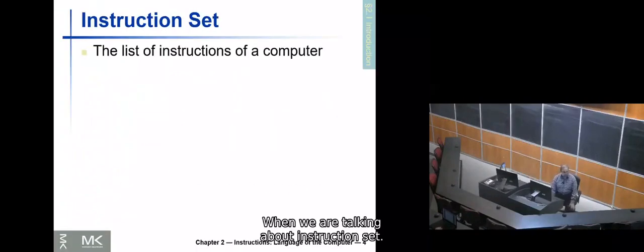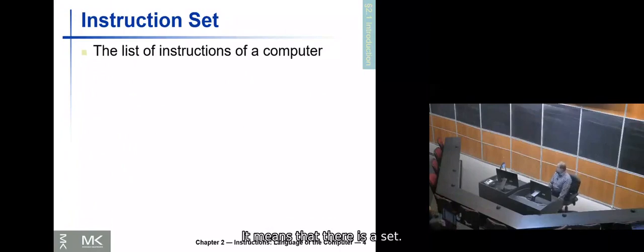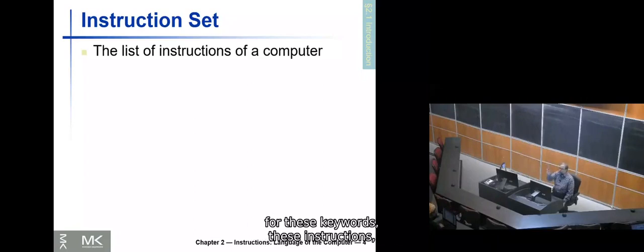When we are talking about instruction set, it means that there is a set. So it's similar to every language. When you use C language, you know there is, for example, for, if. These keywords, these instructions, these code statements are there, and that's it.